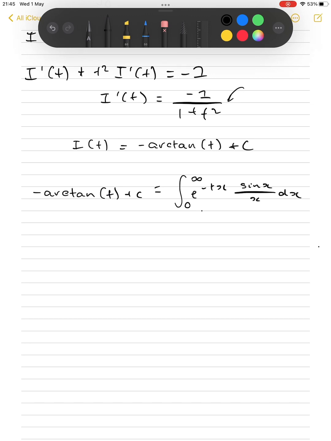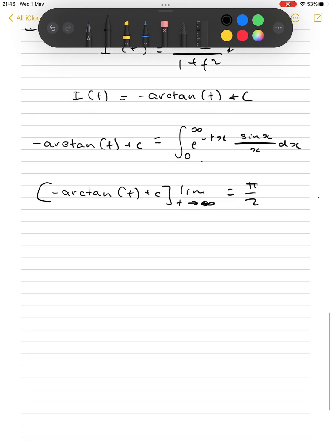So, for negative arctan t plus c, we find the limit as t approaches infinity. Now, if you look at the arctan function, as t approaches infinity, or I guess on a graph x approaches infinity, the arctan function approaches the value pi over 2, half of pi.